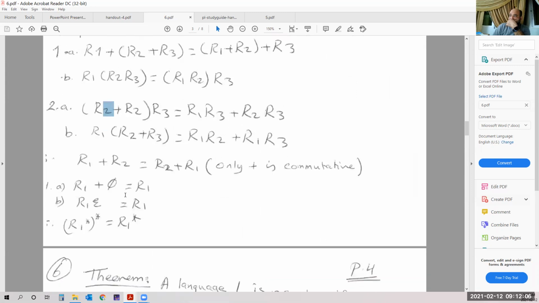Okay, and this is the fourth one. Let me see the original. We are on page 3.